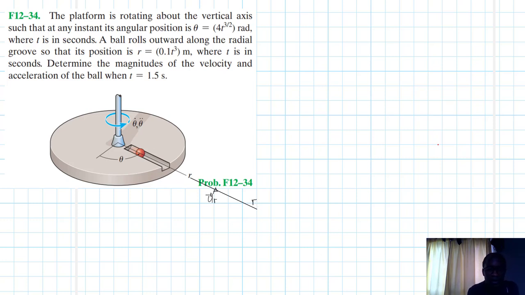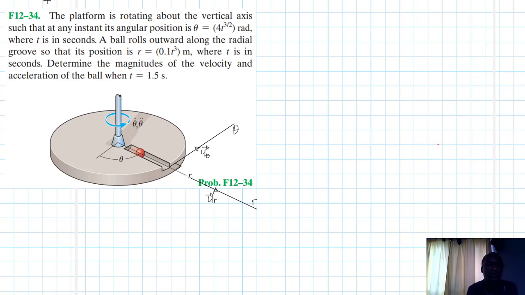Then perpendicular to that we have our theta. So these are the positive directions that we are showing. This is theta, and we have the unit vector there, u theta, in that direction.